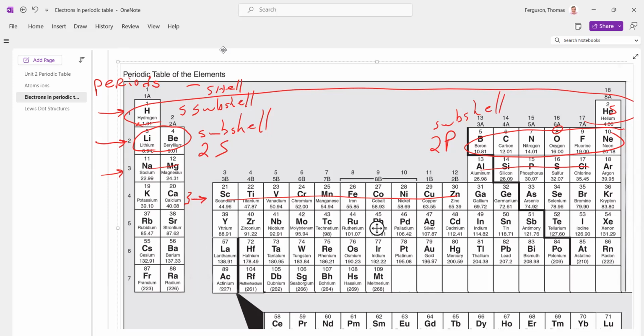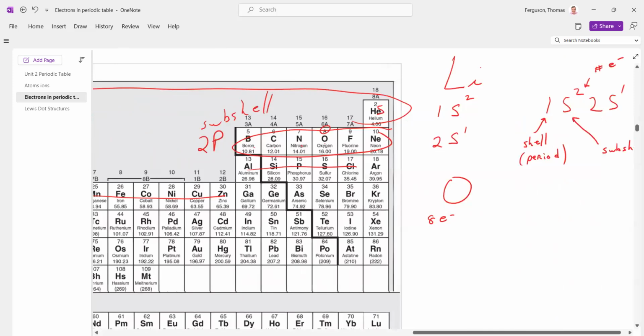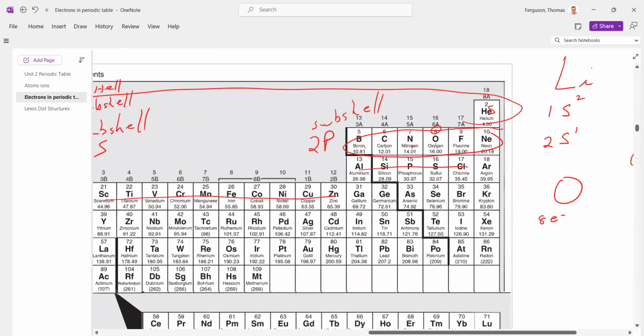I'm going to go over to the next subshell, which is labeled p, and it's 1, 2, 3, 4 electrons in. So we have 1s2, 2s2, 2p4.